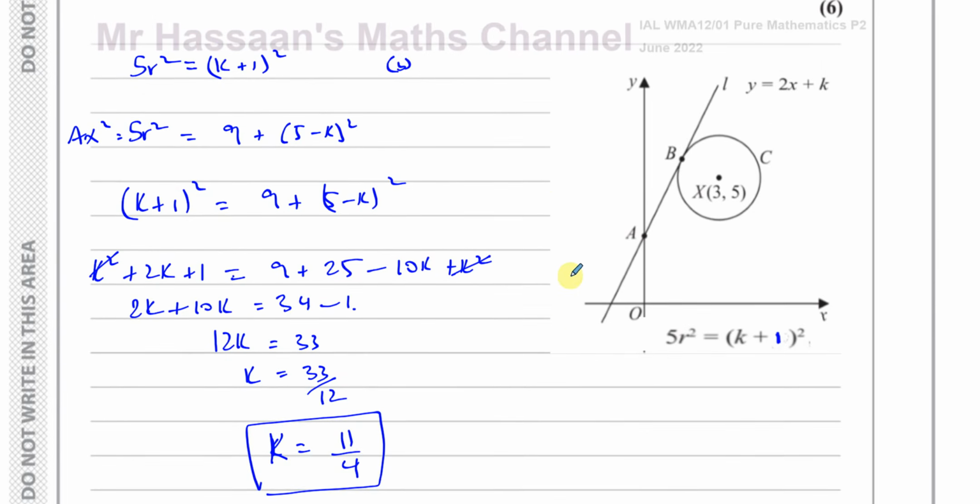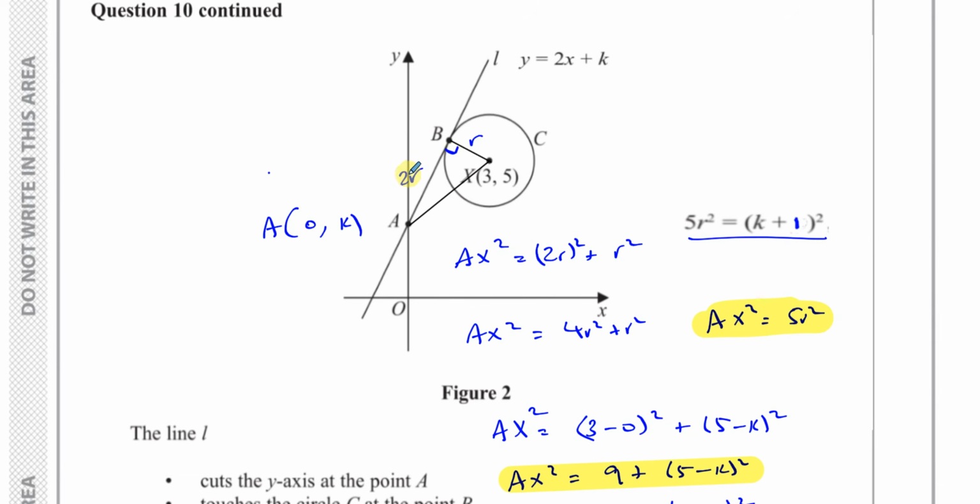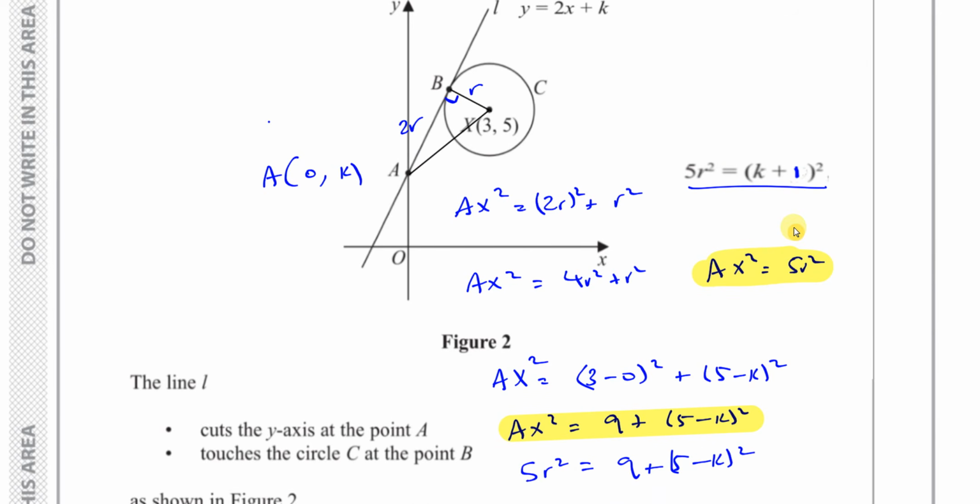So there's a bit of thinking involved here, where you have to use the fact that the radius and the tangent meet at right angles, and the length from A to B is 2r, and the length from B to the center is r, of course the radius, and we can use that to make an expression for AX, which is basically AX squared equals 5r squared, and we'll notice that 5r squared is also equal to (k plus 1) squared from what we got in the previous question.